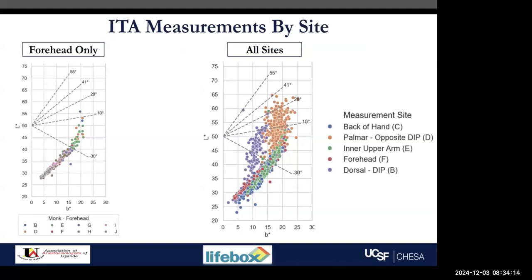When we look at all the sites combined, and that's the other graph, it tells us that nearly all the study participants are in 3, maybe maximum 2, but the majority are in only 3 categories or bins based on the ITA measurements. Next slide.